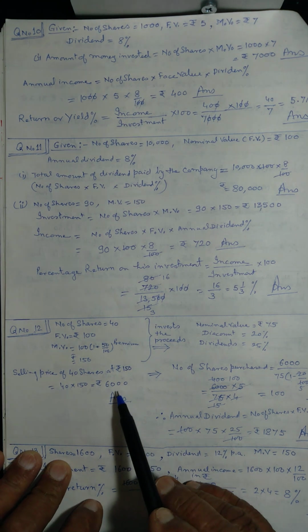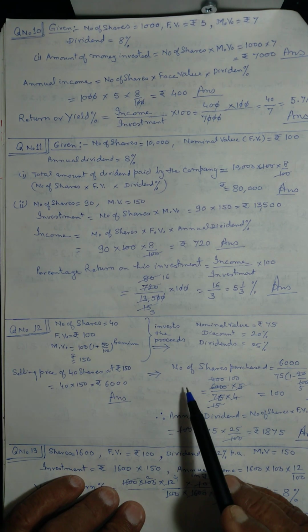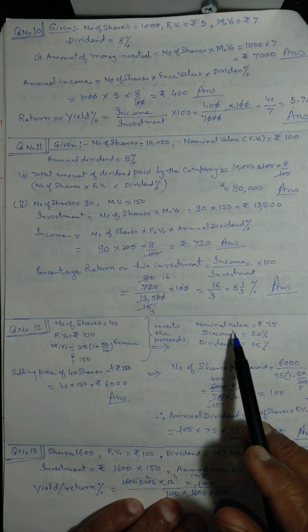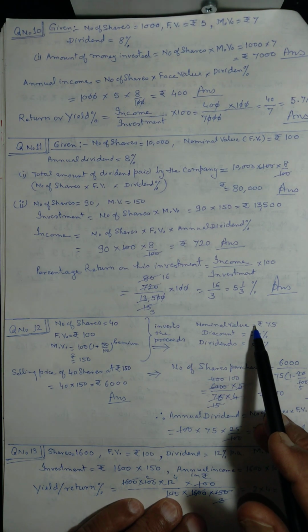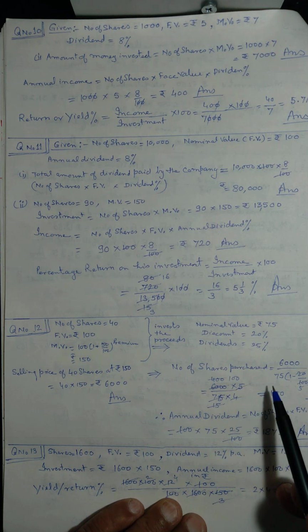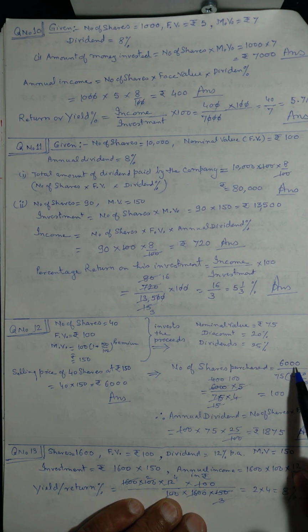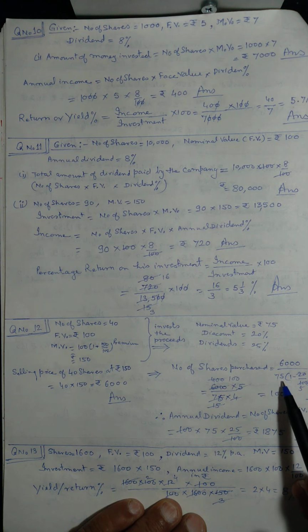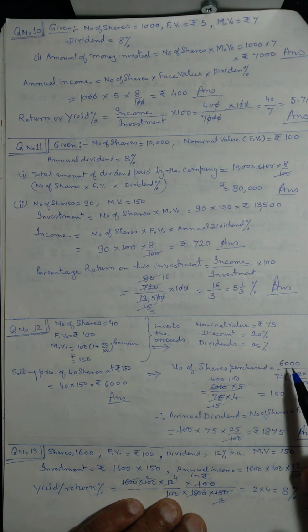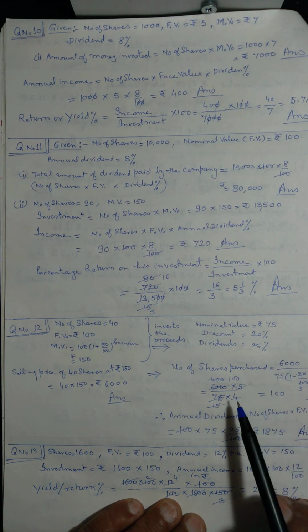This 6,000 will be utilized in purchasing the shares of this nominal value, where discount is given, dividend is 25%. So 6,000 divided by 75 inside the bracket 1 minus 20 by 100, because the 20% is discount.